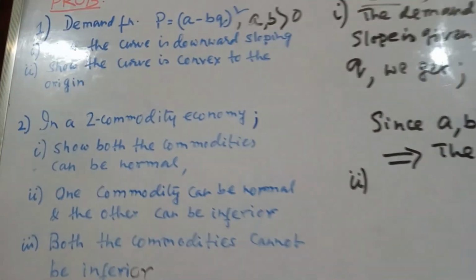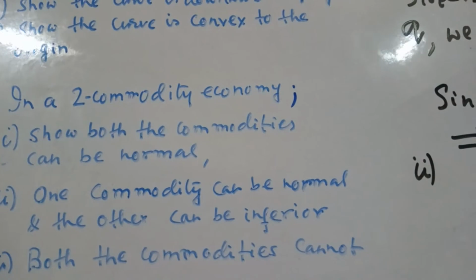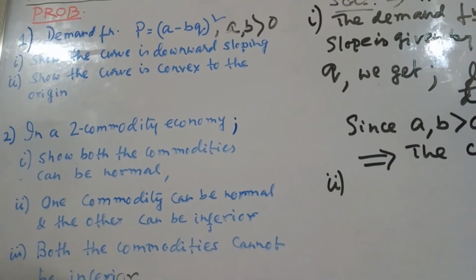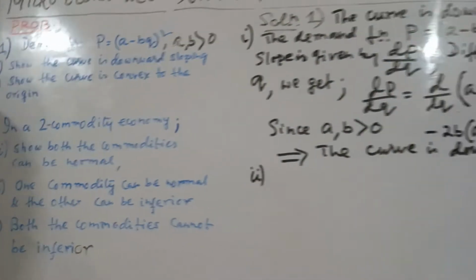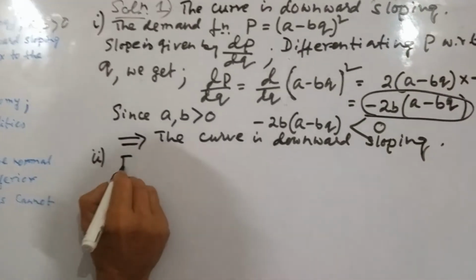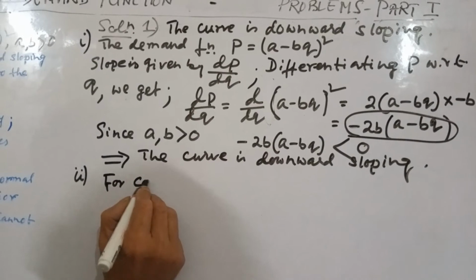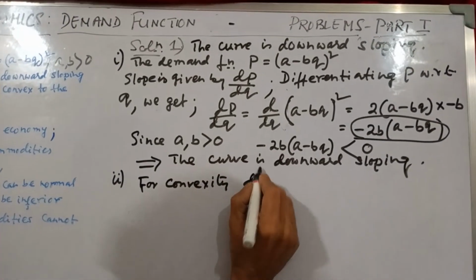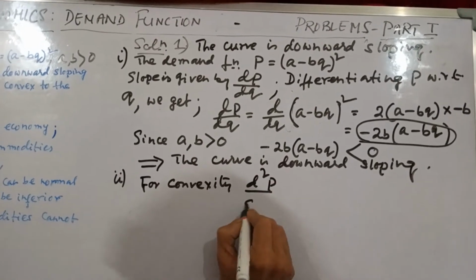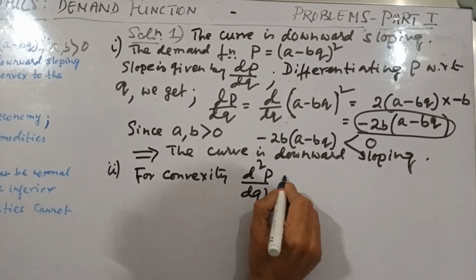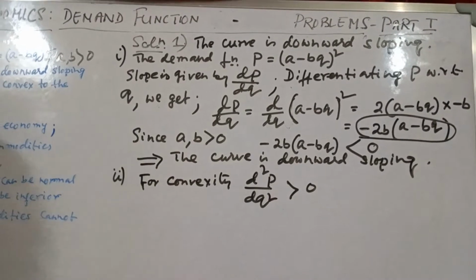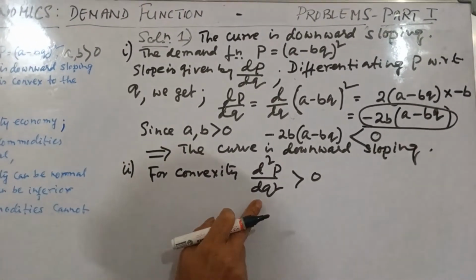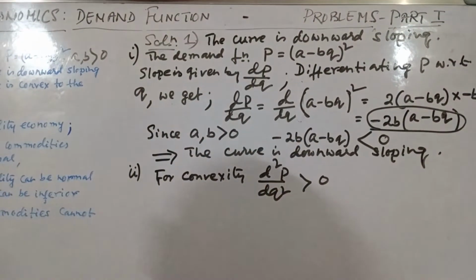For a curve to be convex to the origin, d2P/dQ square must be greater than 0. That is, for convexity, d2P/dQ square must be greater than 0. That is the second order derivative of the inverse demand function.